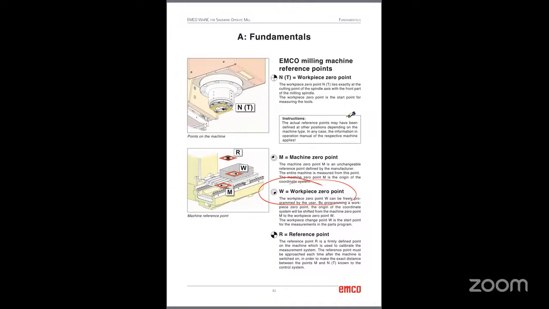For example, say my code is like this: G54, X20, and Y30. So what is the meaning of X20? 20 mm from this W, not from this M. That means 20 mm to the right side from the W and 30 mm to the front from W.